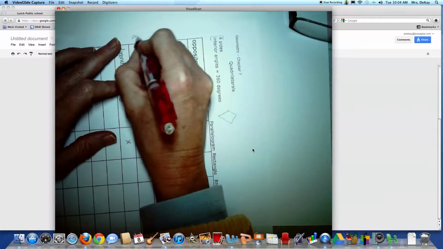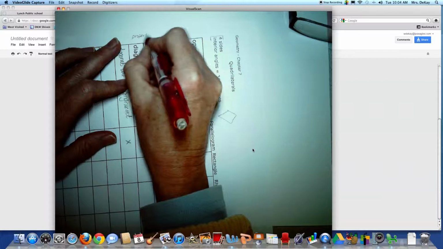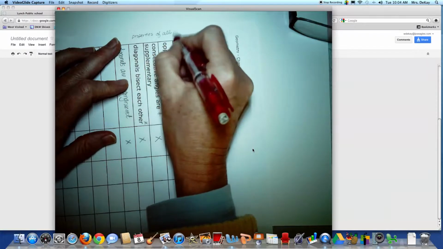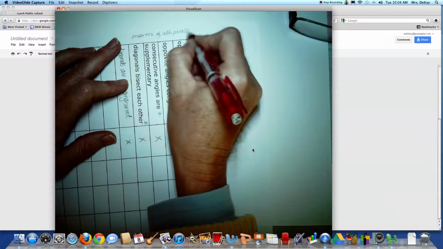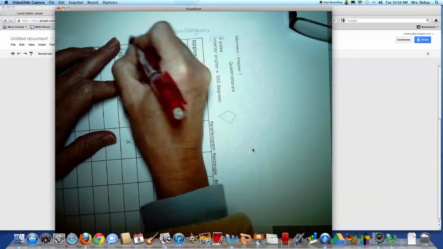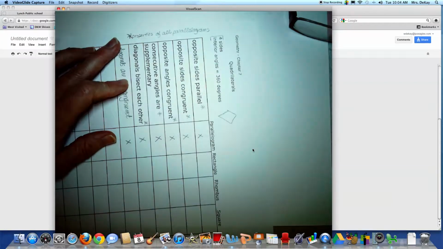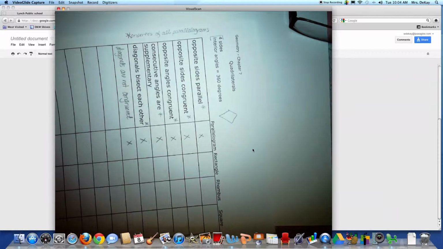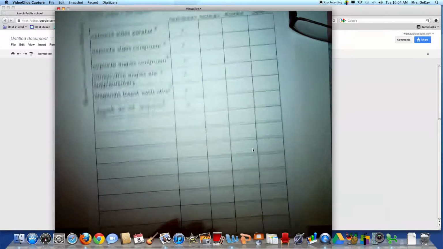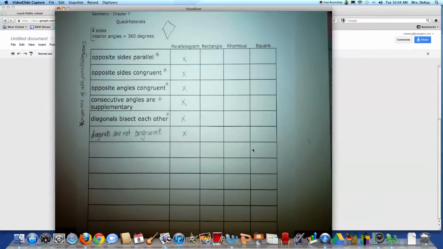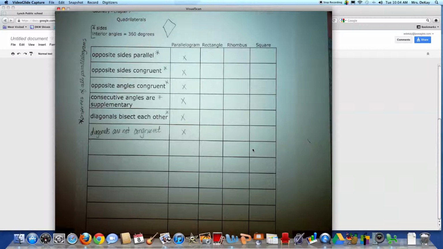Properties of all parallelograms. These are properties of all parallelograms, everything with a star. And anything we add to this list is just going to be specific properties of certain parallelograms.